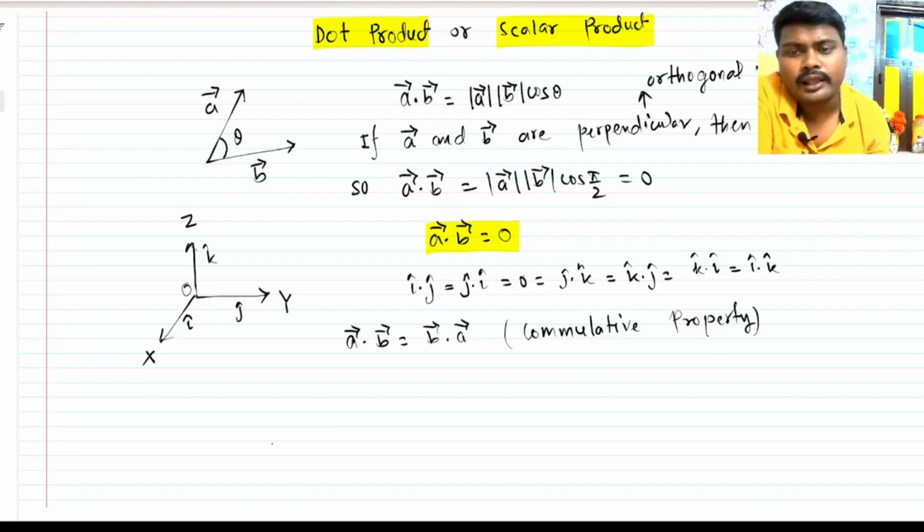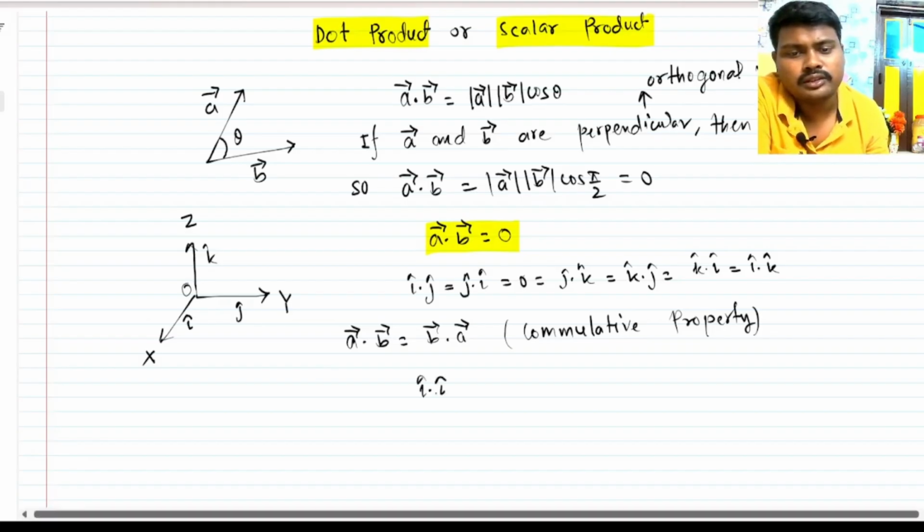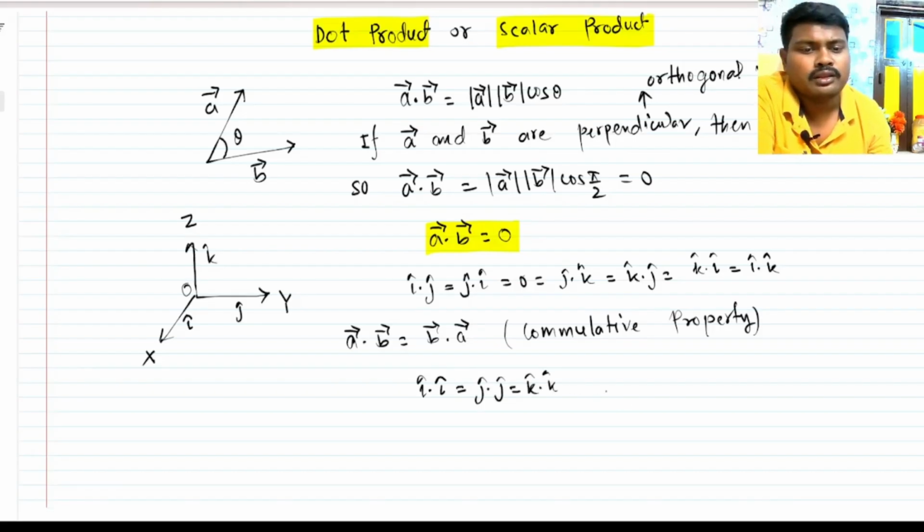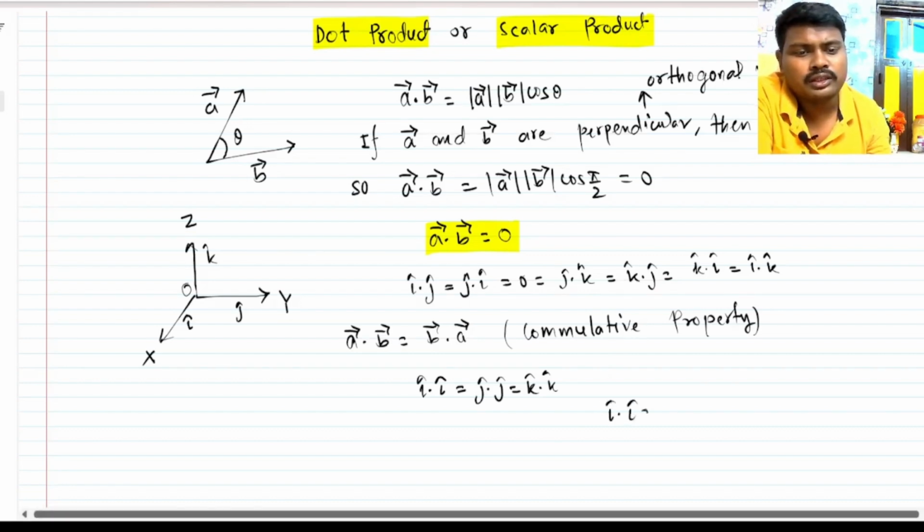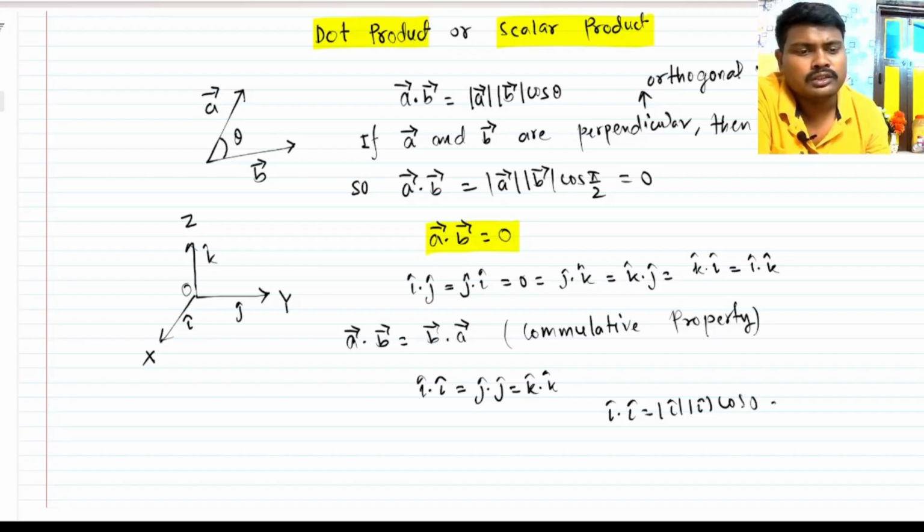Also, the angle between the I vector and the j vector is 90 degrees, but the angle between the I vector and the I vector is 0 degrees. For that reason, we can write I cap dot I cap, j cap dot j cap, and k cap dot k cap are equal to 1, because I cap dot I cap means mod I cos 0 degree, which is equal to 1.